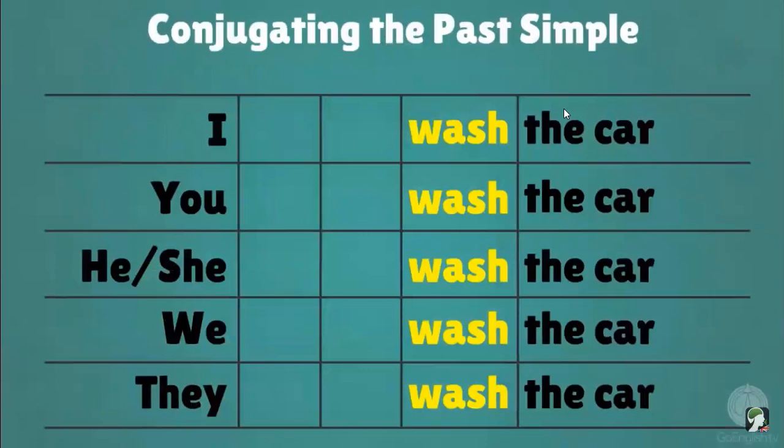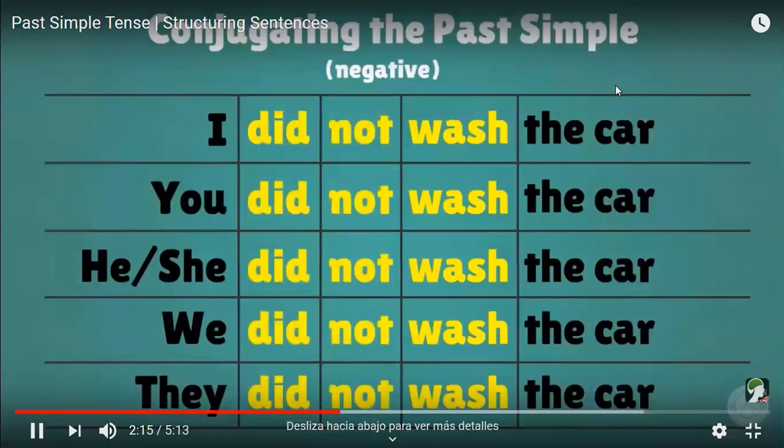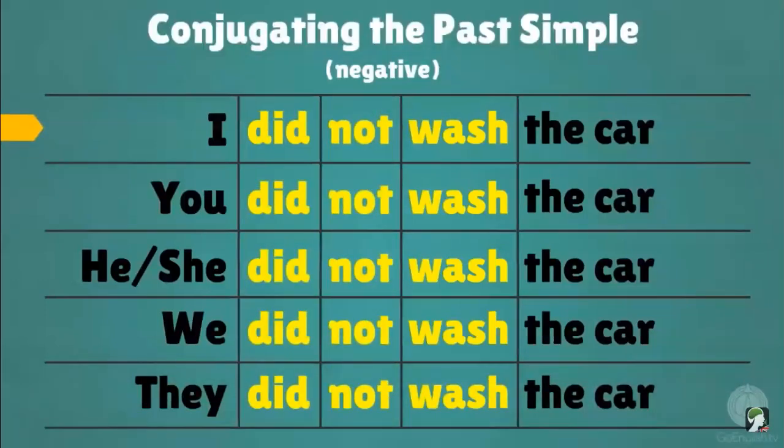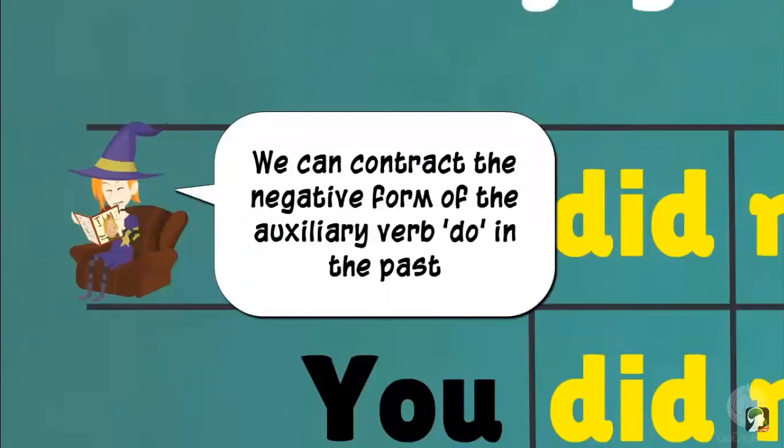Conjugating the past simple. Negative. I did not wash the car. You did not wash the car. He did not wash the car. She did not wash the car. We did not wash the car. They did not wash the car. We can contract the negative form of the auxiliary verb do in the past.